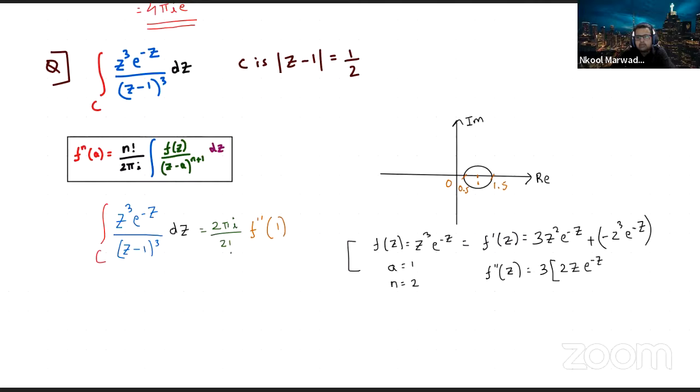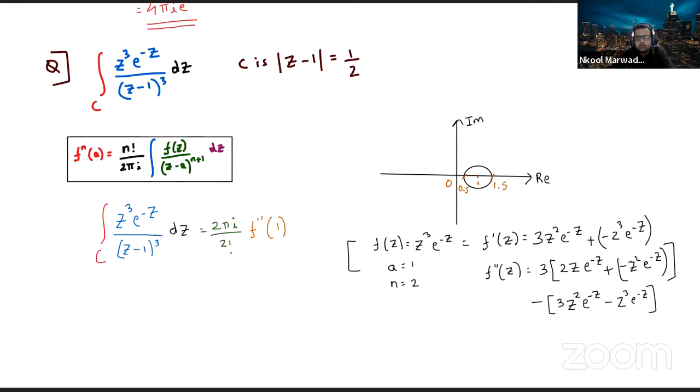plus z square e to the power of minus z, minus z square e to the power of minus z, or I can take it minus 3 z square e to the power of minus z minus z cube e to the power of minus z.